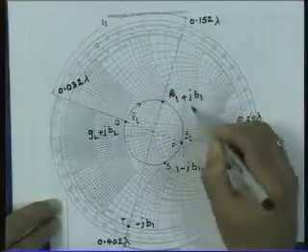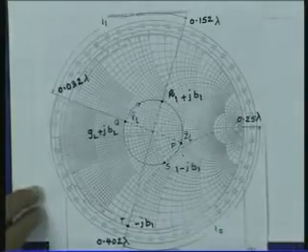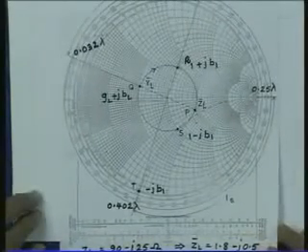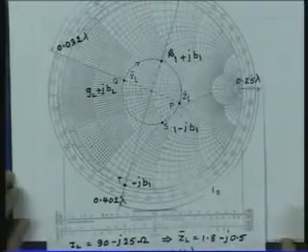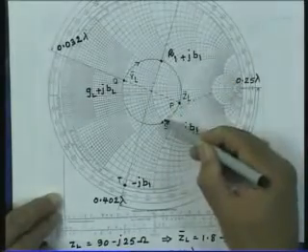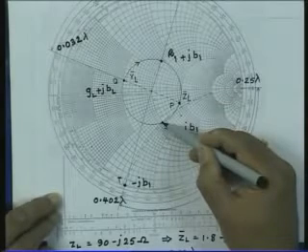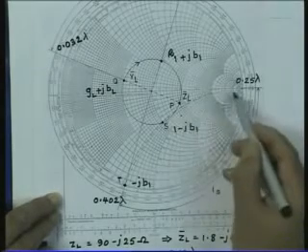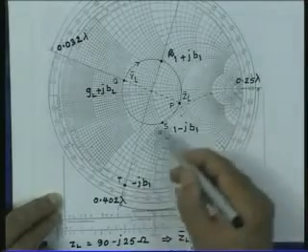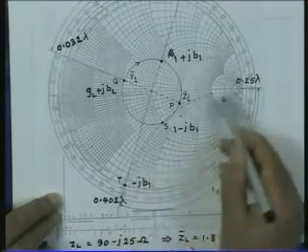Second thing we have to find out is the length of the stub, for which this jB1 susceptance has to be cancelled. So, the stub has to introduce a susceptance of minus jB1. As we do, we take the mirror image of this point on the constant VSWR circle, find a constant susceptance circle passing through this point, and take the outermost point on this circle.